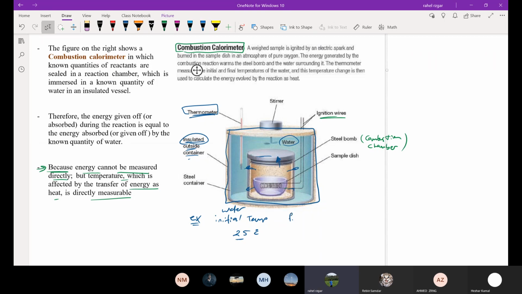For example, the final temperature. What do you mean by final temperature? After the reaction, let's say it is 45 Celsius.